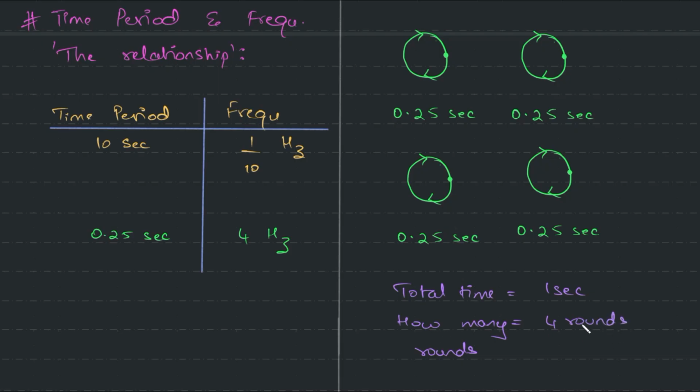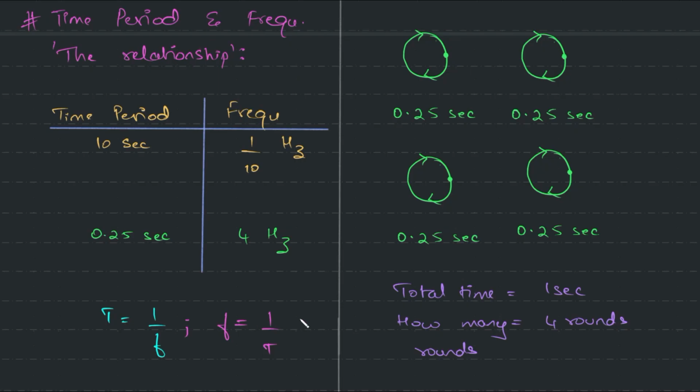So what is your frequency? 4. What is the time period? 0.25. So time period and frequency have an inverse relationship. You can find frequency by dividing 1 by the time period, and time period by dividing 1 by the frequency. As simple as that.